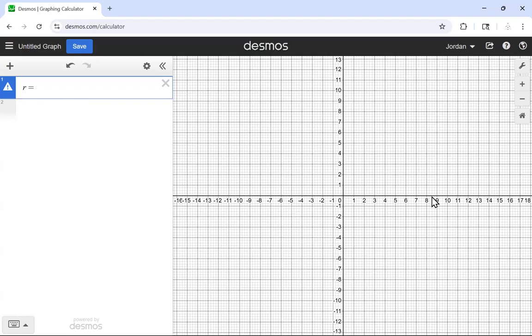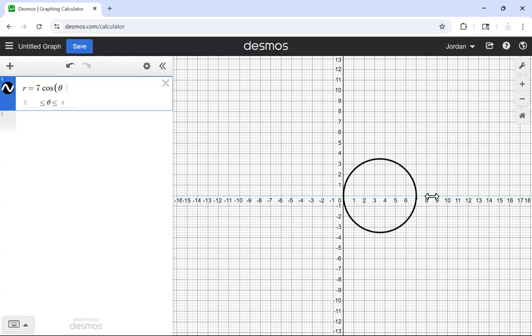So let's move on to the next equation. The next equation was 7 times cosine of theta. Notice that 7 times cosine of theta is a circle laid out along the x-axis. One point on the circle is at the origin, and then the radius is actually 3.5.